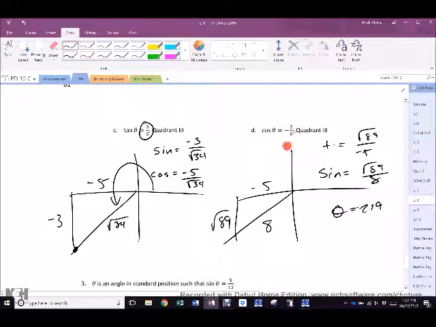Oh, I should have subtracted, yeah. It's square root of 64 minus 25. Yeah, it's 39. Thank you. And then that changes that. What's theta then?